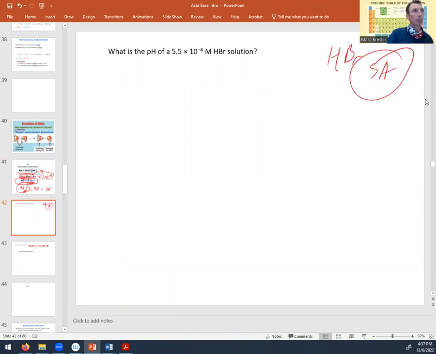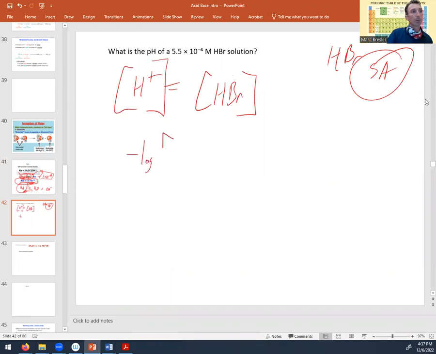So H plus equals the concentration of HBr. And the negative log of H plus equals the pH.